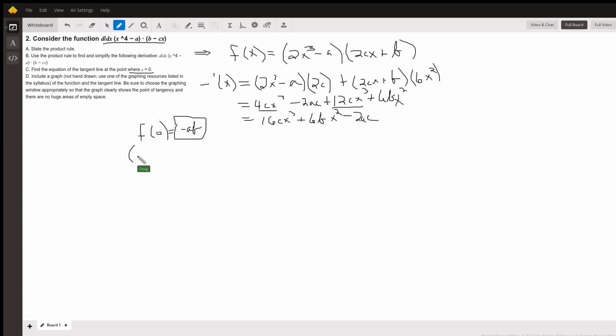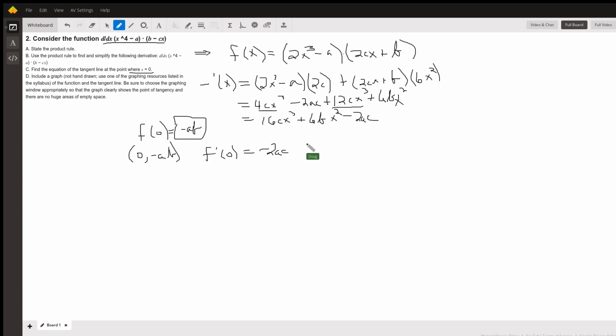So the point of tangency is at 0, minus ab. F prime of 0 will give us the slope of the tangent line at that point. So we put 0 in for x, and we get minus 2ac. So there's everything you need to know to write the equation of the tangent line, a point and its slope.